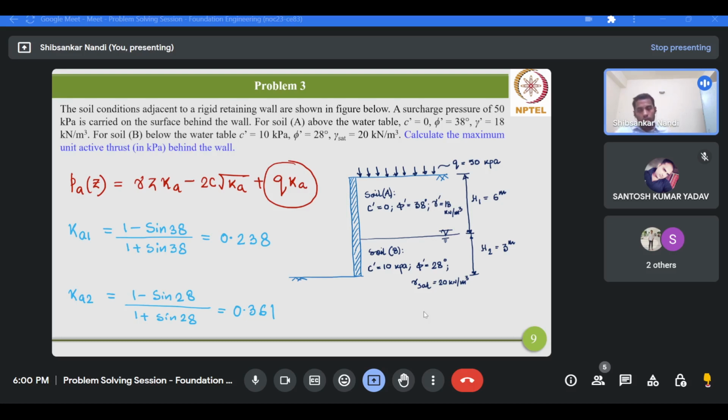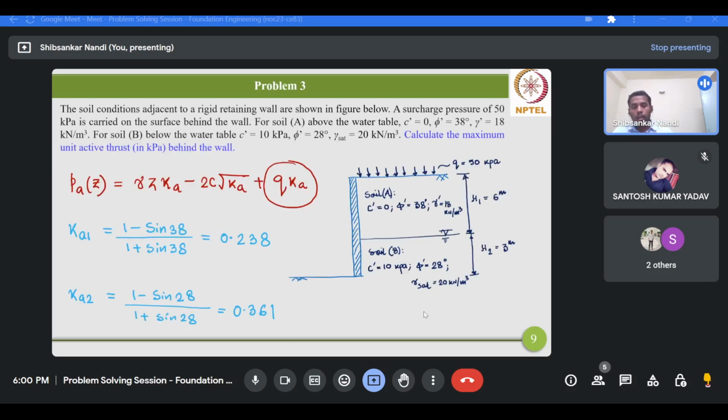Okay, so we'll proceed with these two values only. At the end we'll cross-check this answer, what we have done earlier.